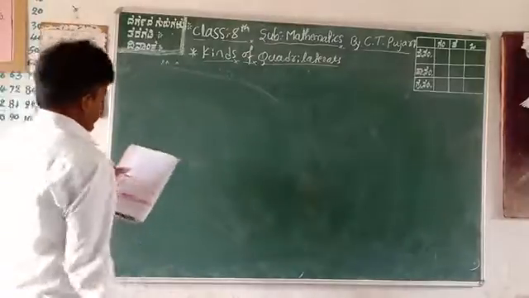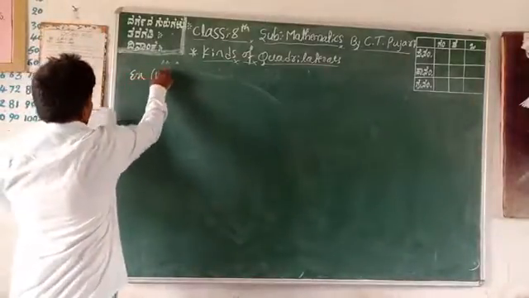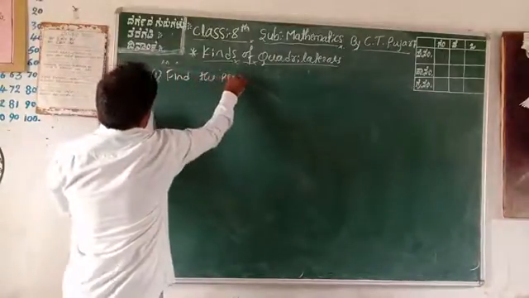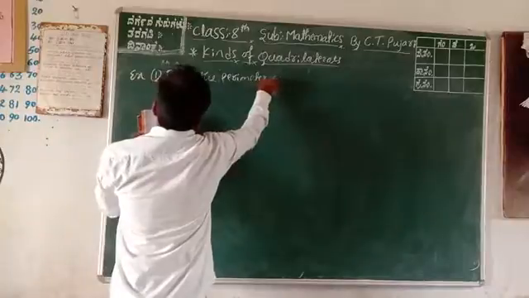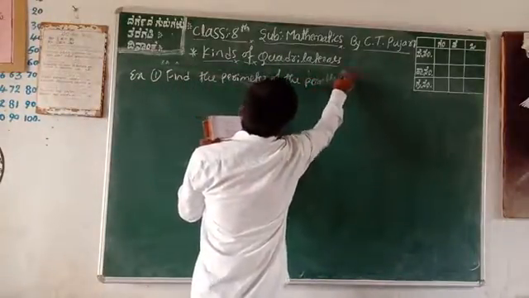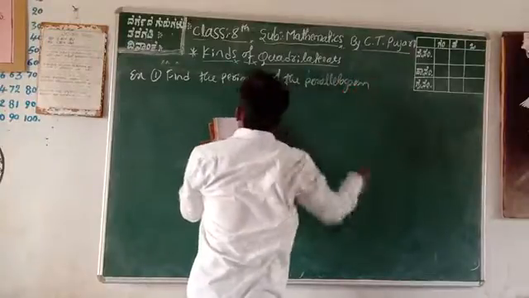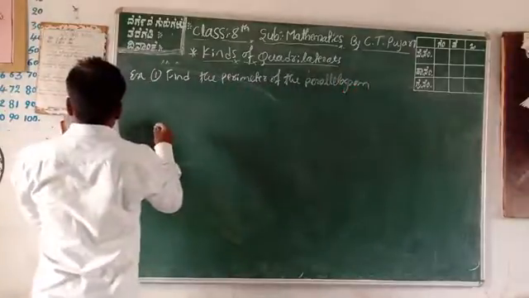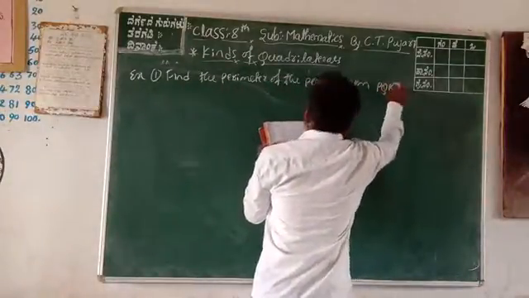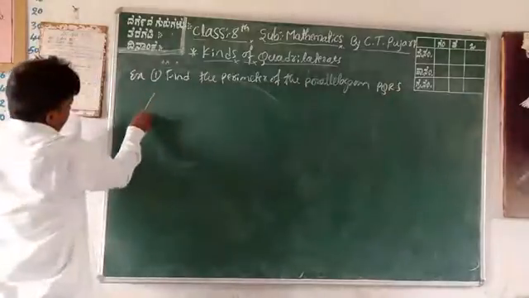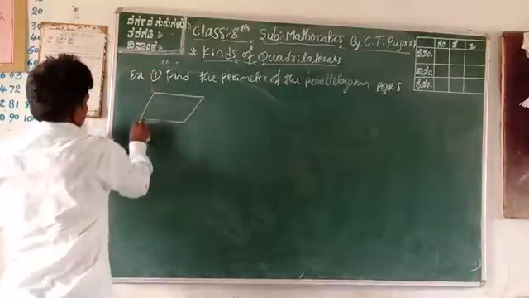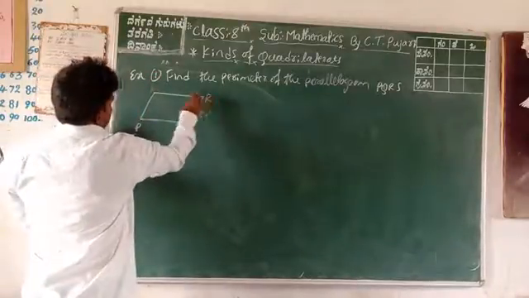Example 1. Find the perimeter of the parallelogram PQRS. This is the parallelogram diagram PQRS.